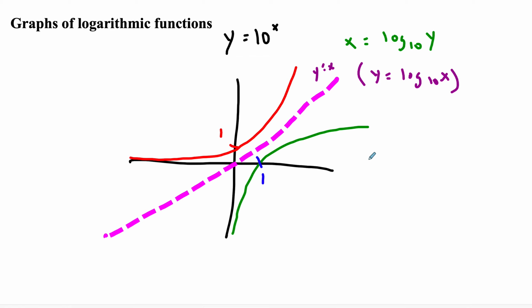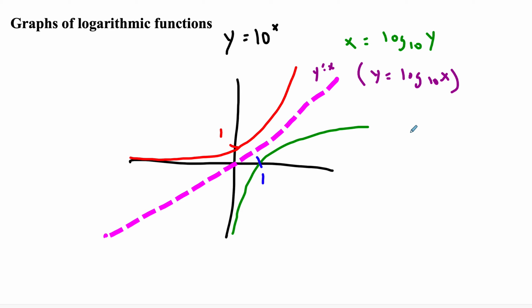Now if we think about this carefully, this would be 1, 0, x would be the exponent, right? 10 to the 0th power is equal to 1, right? So that would mean that we plug in 0, we get 1. Here, the log base 10 of 1 would equal 0, right?